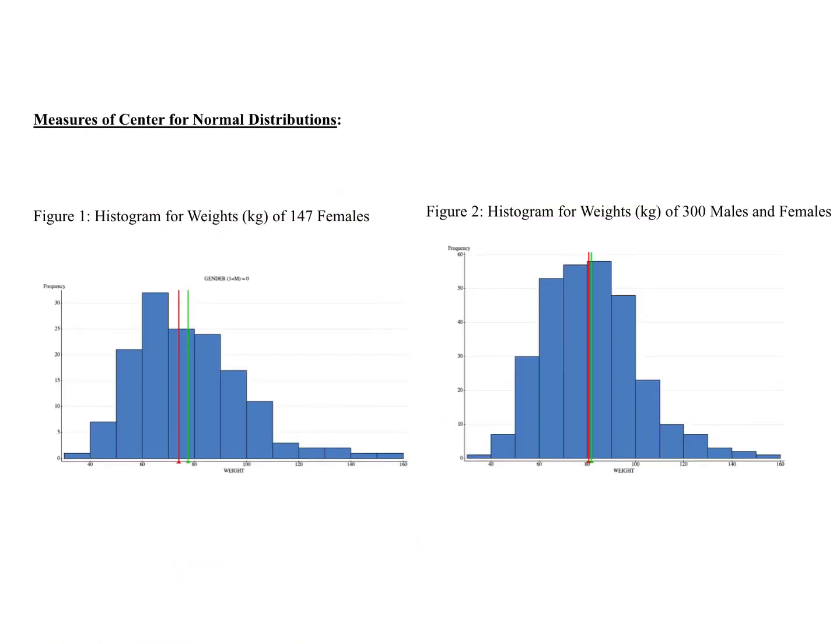Let's take a look at an example of some numerical data and its distribution. So below on the left here, I have a histogram for the weights of 147 females. And if you take a look at how these females' weight is distributed, I hope that you can see that the distribution seems to fit this bell-shaped curve. I know it doesn't fit it perfectly, but it kind of follows that shape where we have the highest frequencies close to the center of the curve.